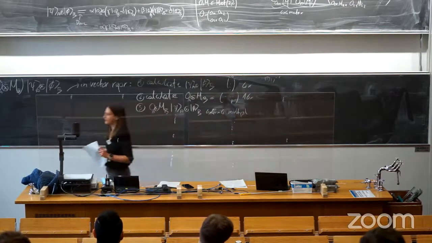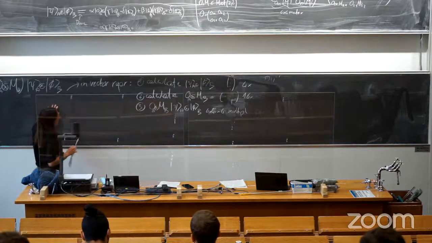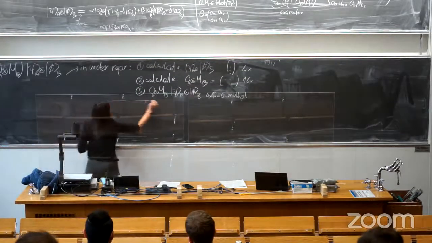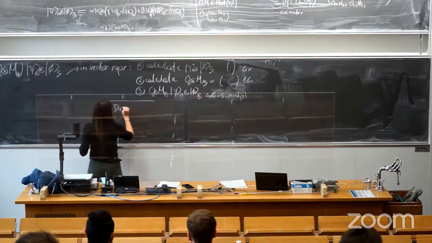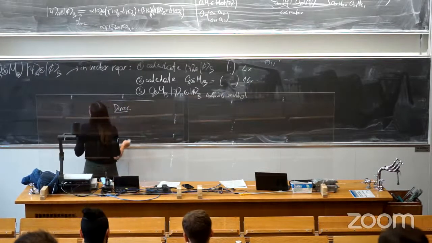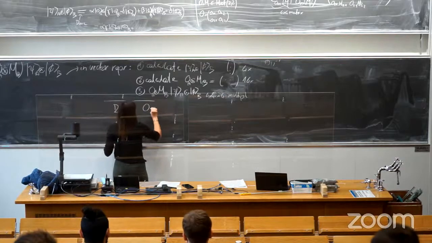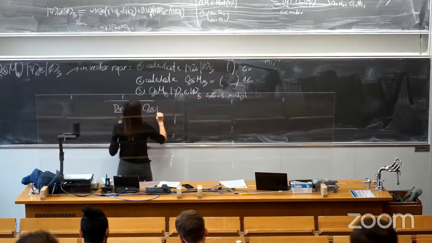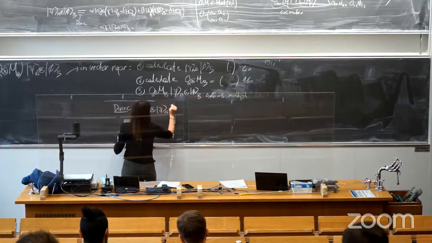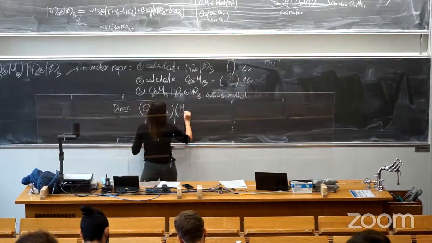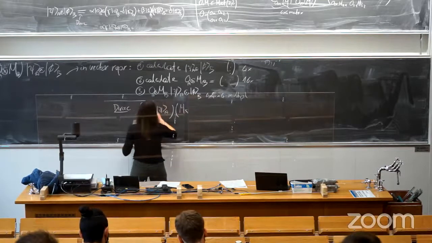Yeah, so this is the vector representation. For the Dirac notation, this is exactly like O times psi A, times M. Sorry, this is not a tensor product.